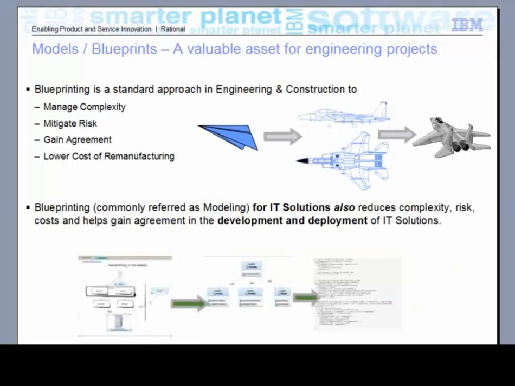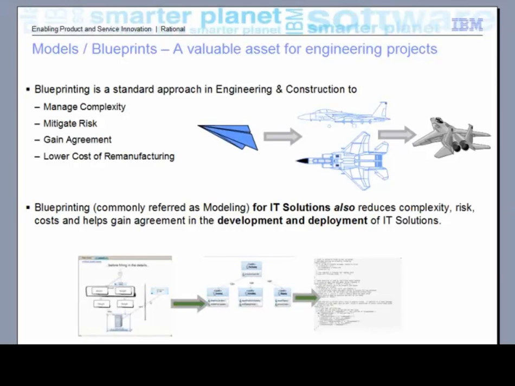When we talk about models and blueprinting, really we're talking about an approach to help visualize. And that visualization is a standard approach that's used in most engineering and construction approaches today to manage the complexity and risk and really get agreement.